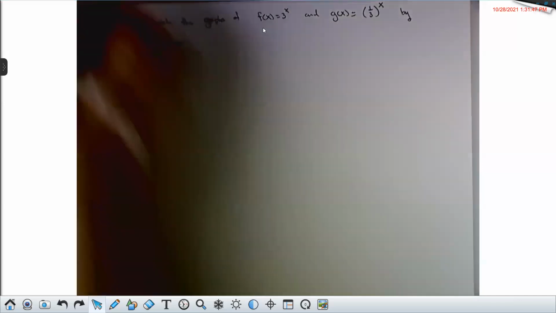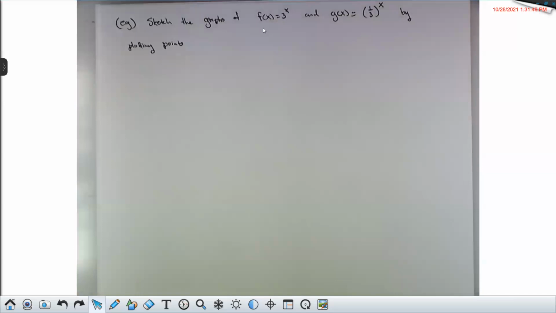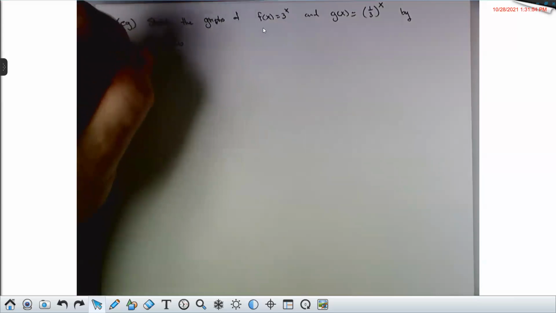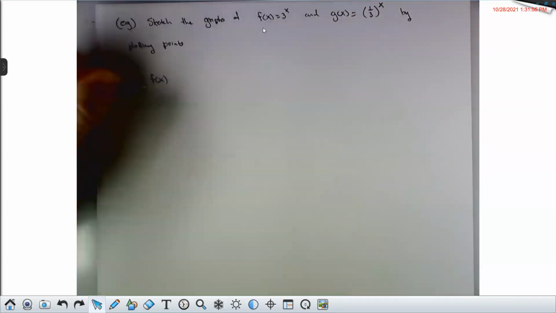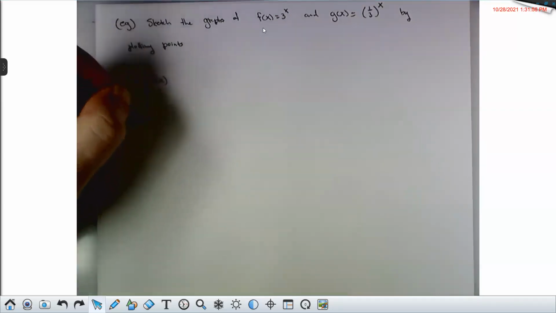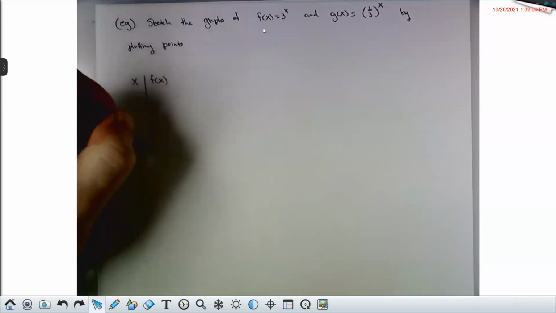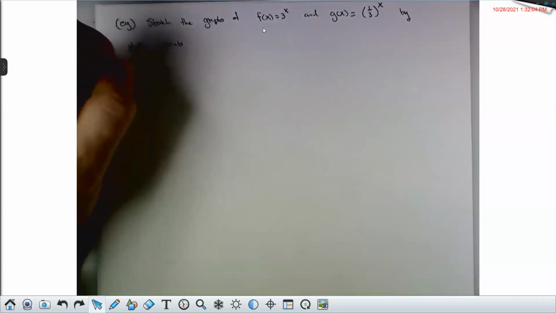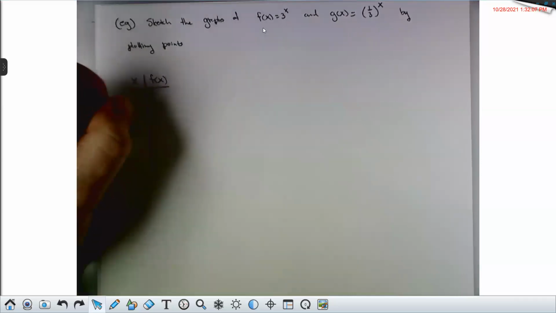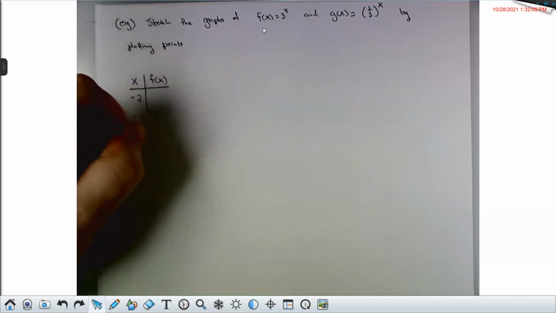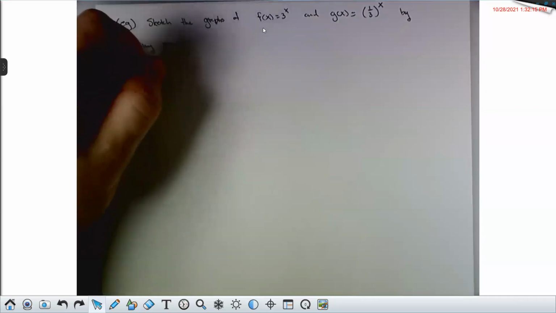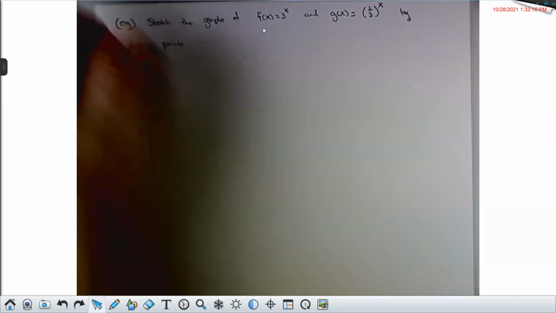So that means I'm going to make a table. First, in purple here, I'm going to make a table for F. And I'll use as my inputs some nice numbers, -2, -1, 0, 1, and 2. F of -2 is 3 to the -2.